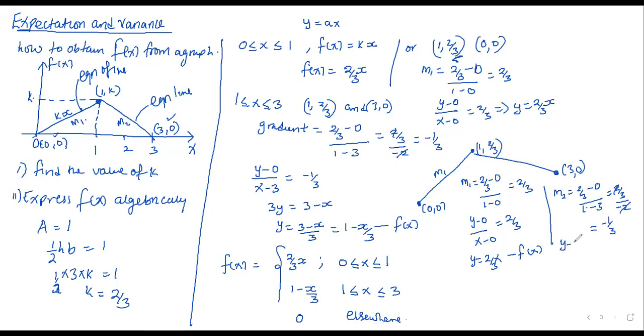Then y minus 0 over x minus 3 is going to give you negative 1/3. When you cross multiply, you'd get y is equal to negative 1/3 into x minus 3, which is the same as (1 minus x) over 3. This is f of x between x is 1 and x is 3. So you come and rewrite them like that, and elsewhere you have 0.